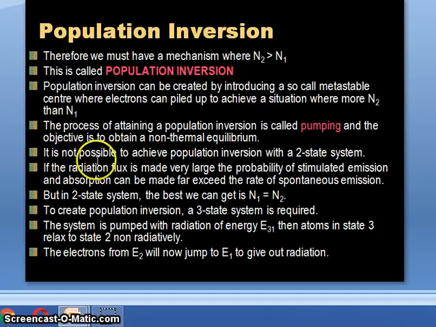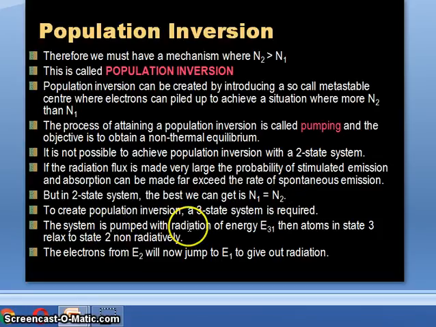It is not possible to achieve population inversion with a two-state system. If the radiation flux is made very large, the probability of stimulated emission and absorption can be made to exceed the rate of spontaneous emission. But in a two-state system, the best we can get is N1 equal to N2, which means population inversion is not achieved.